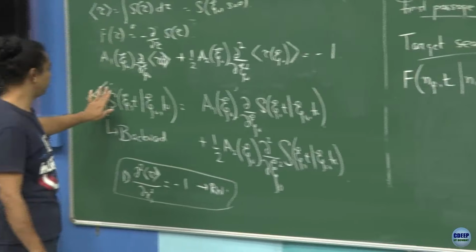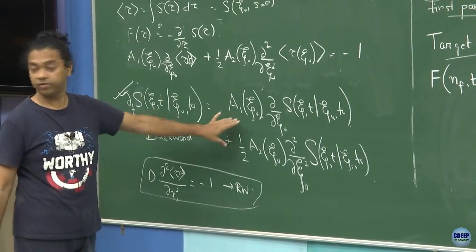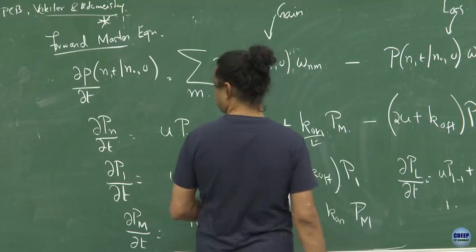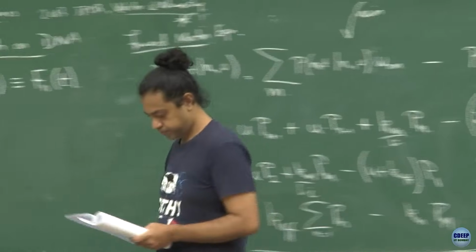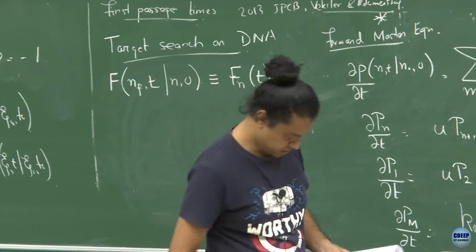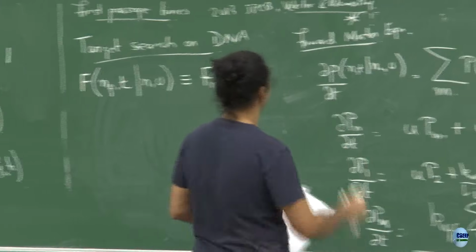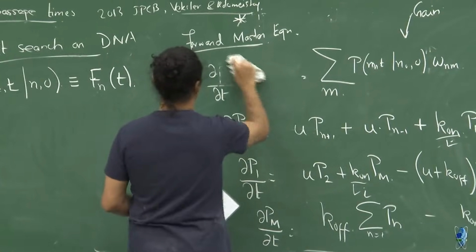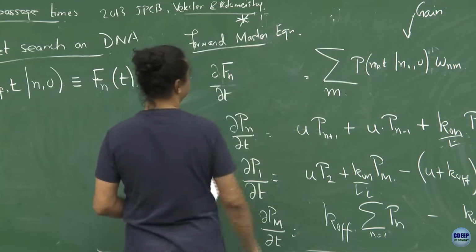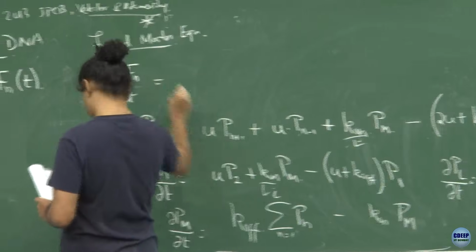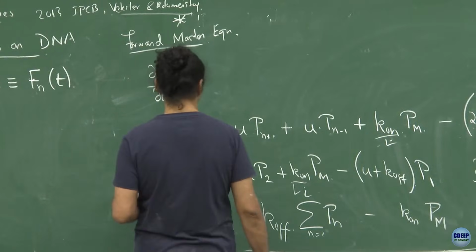So, that is my Fn of t, and like we said, this Fn of t, just like this S, will obey the backward equations, right. And again, I will write the master equation rather than the Fokker-Planck. So, del Fn del t. Now, there is no gain or loss. So, del t.